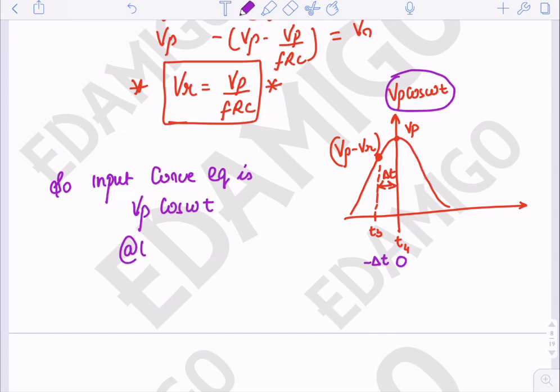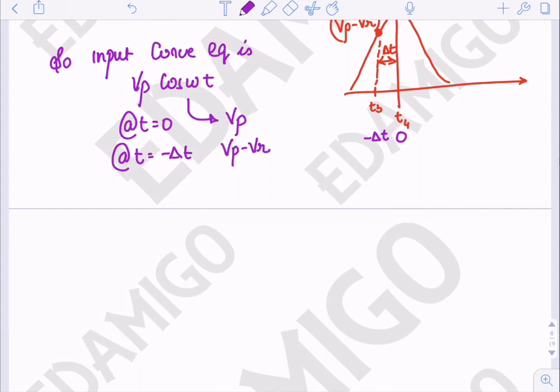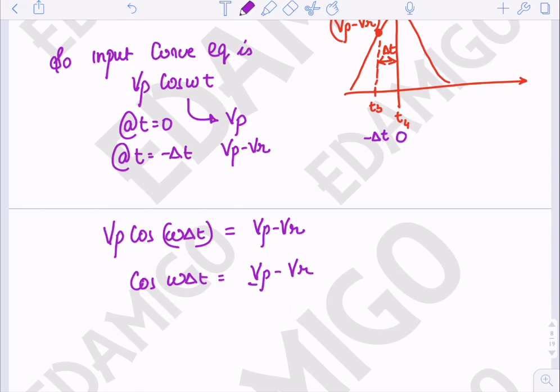At t equals 0, the value is Vp. At t equals minus delta t, the value is Vp minus Vr. So we can say that Vp cos omega delta t is equal to Vp minus Vr. So cos omega delta t is equal to Vp minus Vr upon Vp.